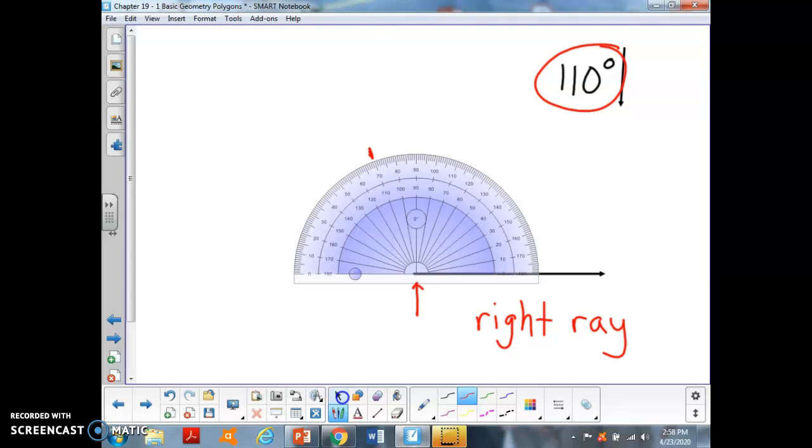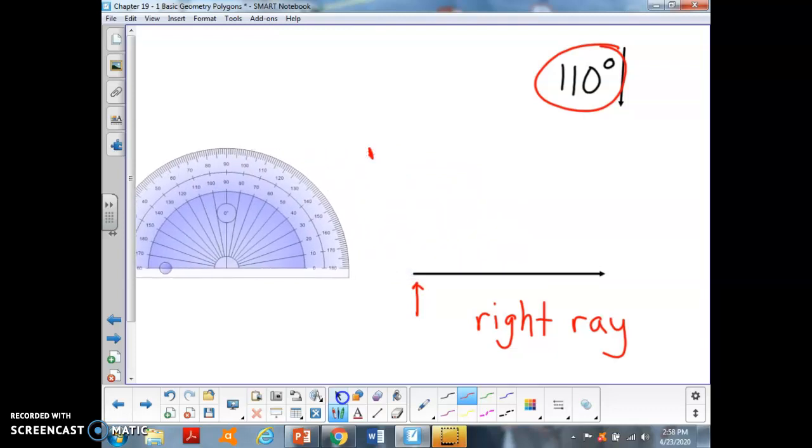So I'll make a mark on my paper there. Maybe you could write in by 110 on the inside of your protractor. I'm going to move it on out. Get my little endpoint in there. Now I go down and draw my ray using my protractor, right through my mark.